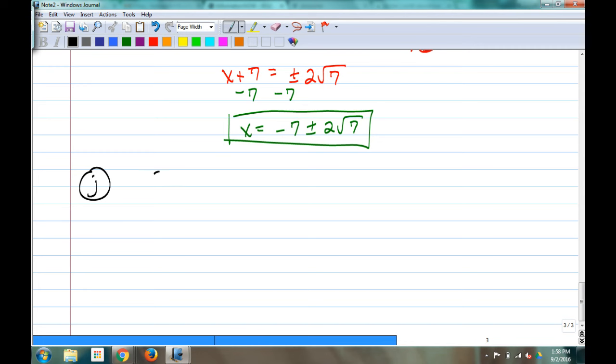Let's say it's 3 parentheses x minus 2 squared plus 8 is equal to, maybe, 57.